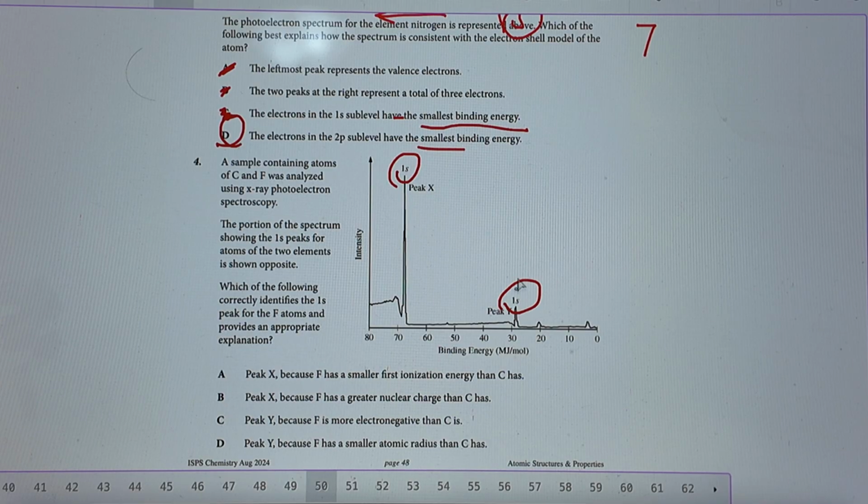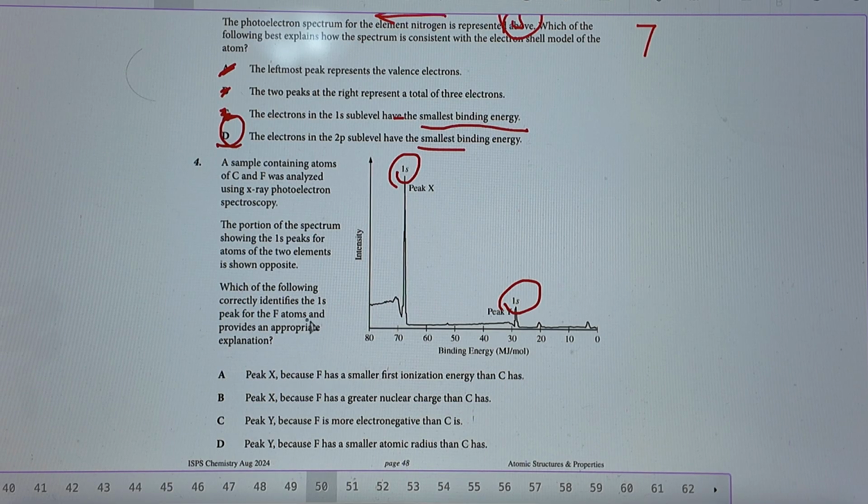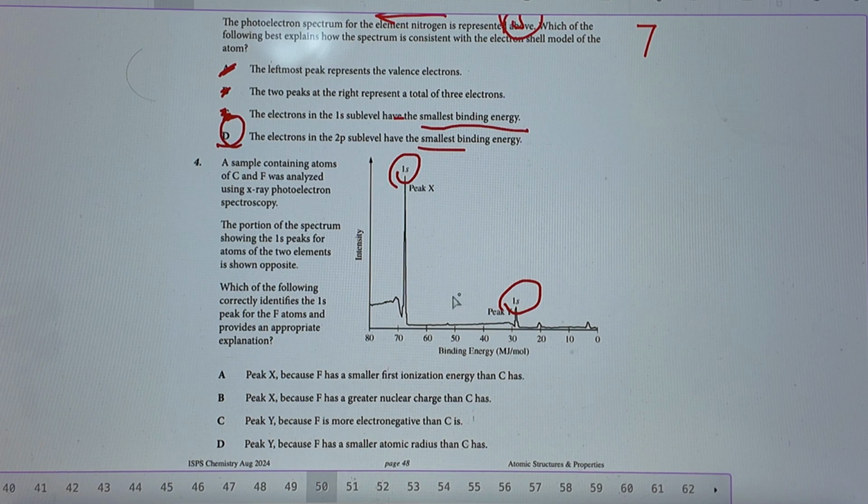Okay, so both of them are 1s. Which of the following correctly identifies the 1s peak for the F atoms? They're asking which one would it be for the F molecule.